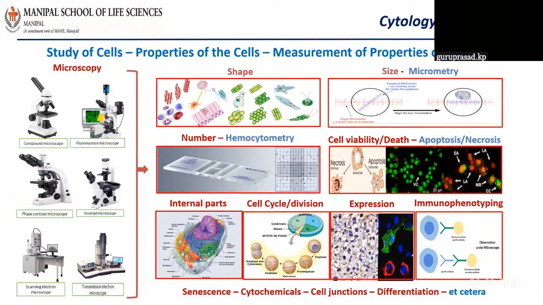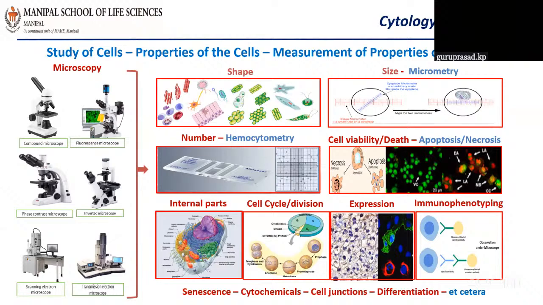And again, what is the tool that we are using? We are using the microscope as a tool only. We are using the microscope to see the shape. We are using the microscope to measure the size of a cell. We are using a microscope to see the number of cells. We are using a microscope to see the death and viability of a cell. We are using a microscope to observe the internal parts of the cells.